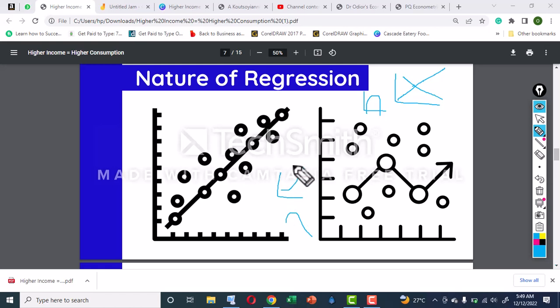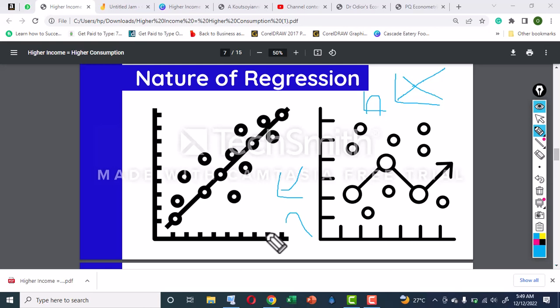But the issue here is that many of these graphs follow a pattern, so it's easier to connect the dots together. But when we are talking about regression, it's much more difficult to connect the dots, because in regression we have scatter plots.